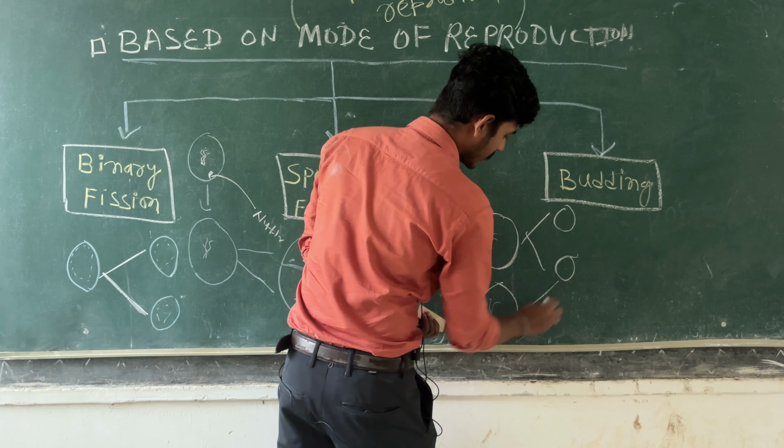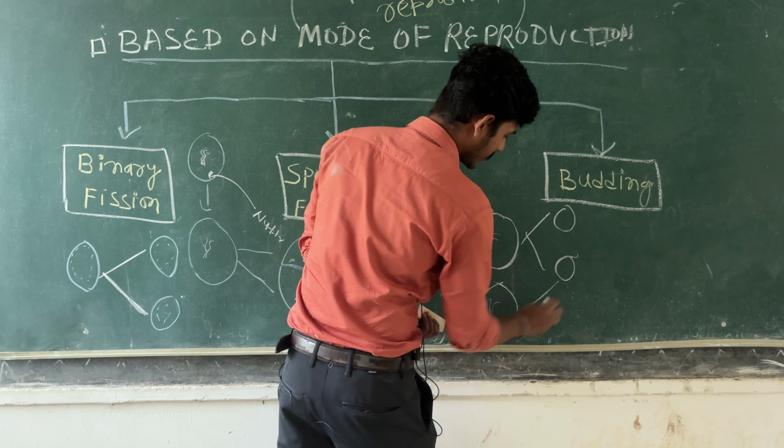So basically it is the population doubling time. From 1 there will be 2, from 2 there will be 4, from 4 there will be 8. This is called the doubling time, and this doubling time is basically the generation time.